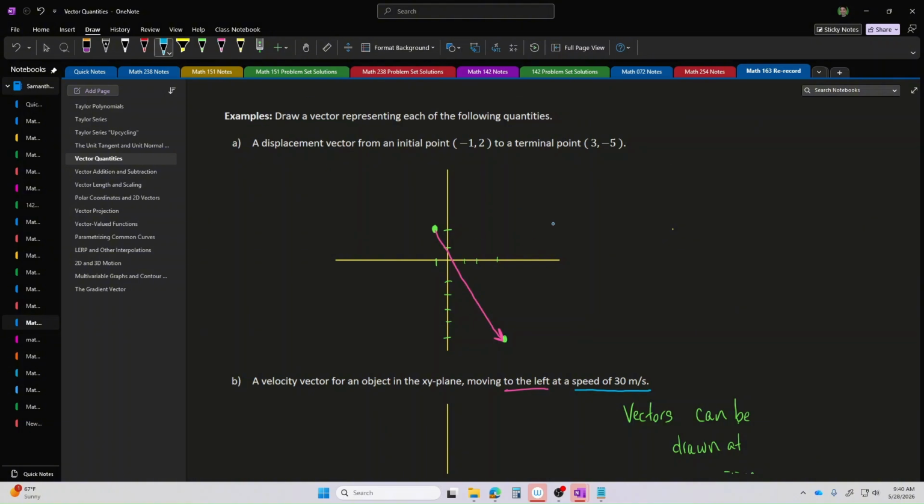So the x component is 1, 2, 3, 4 units in the positive x direction. In other words, the x component can be found by taking the terminal x and finding the difference between that and the initial x. We have an x component here of 4 units. You have to go 4 units in the positive x direction to get from the arrow tail to the arrow head.